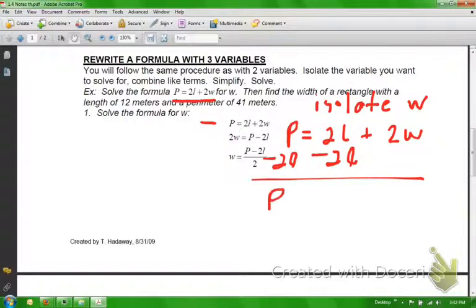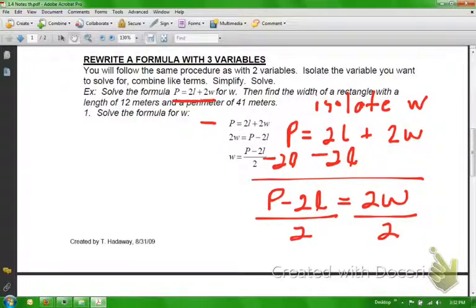And that's going to give me P minus 2L equals 2W. Now, if we're solving for W, we're multiplying W by 2, undo that. Undoing in this case is division. So we're left with P minus 2L divided by 2 equals W. There you go. You've just solved it for width.